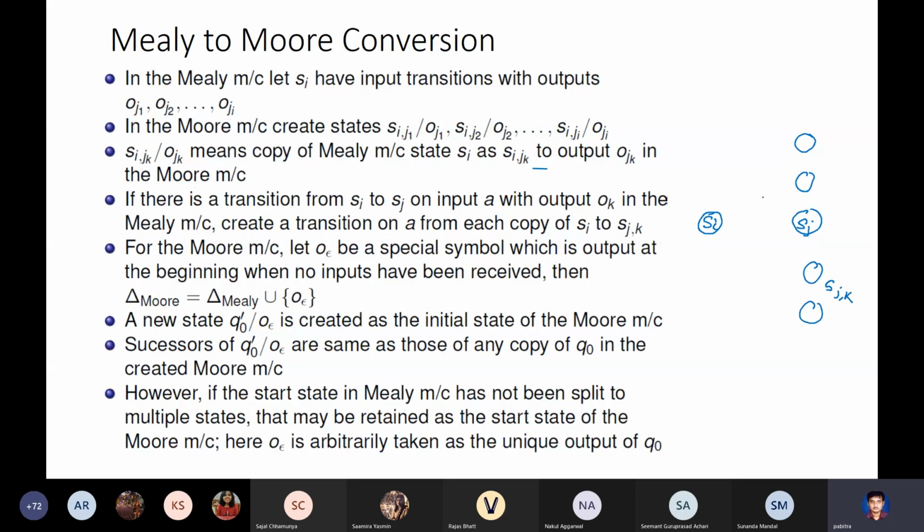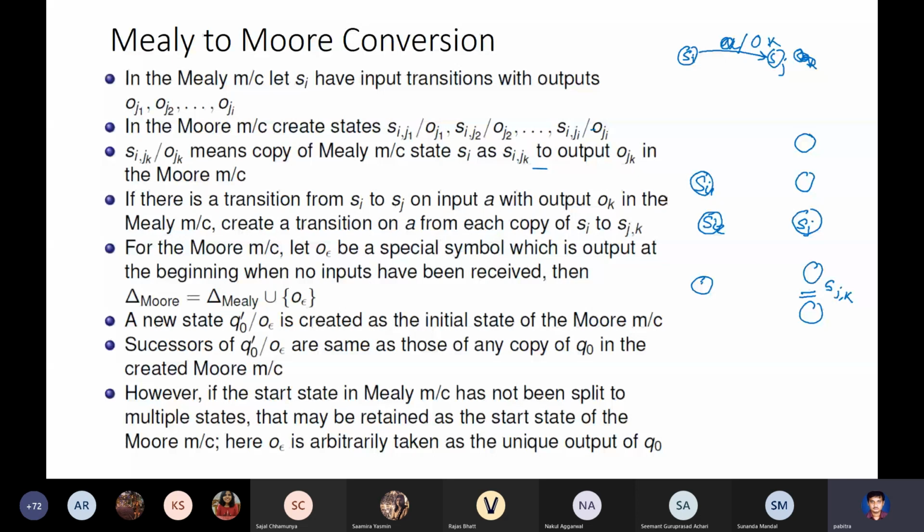Similarly, there are multiple copies of Si which it has been split into, let's say Si1, Si2 up to say SiL, and this is Sjk. From each of these, there will be an edge. So this one edge will be converted to these multiple edges.